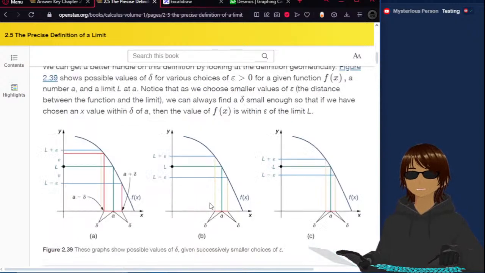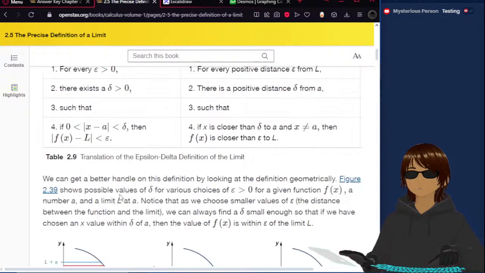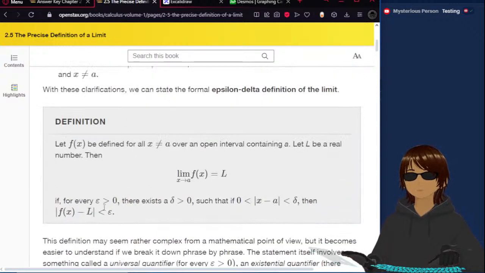So that means for every difference that exists over here, there will be a difference that exists here. For every epsilon, there is a delta.